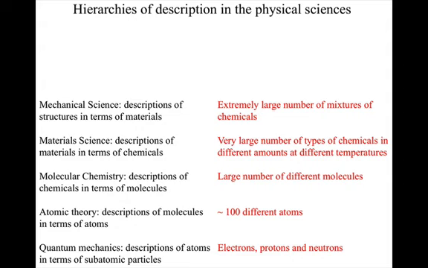So, at the most detailed level, there's a small number of units of description, and the interactions between them are mathematically precise. Hence, extremely accurate predictions can be made, and quantum mechanics is regarded as the paradigm for a hard science. At higher levels, each unit of description is a combination of the units at more detailed levels, and we use approximations for the interactions between these higher level units.